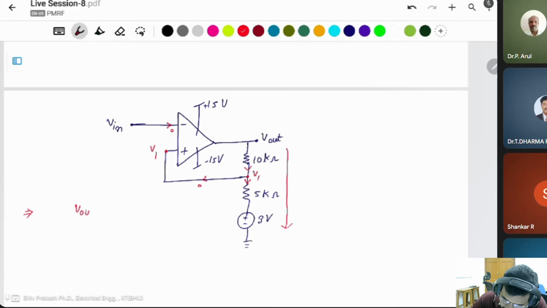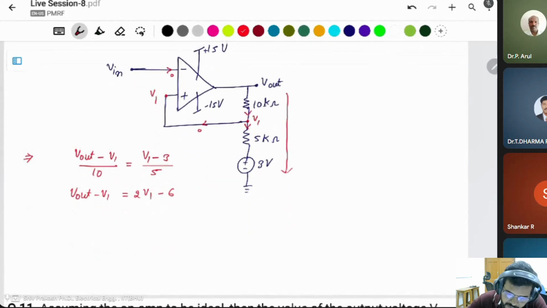Vout minus V1, the voltage drop, divided by the resistance 10K is equal to V1 minus 3 volt divided by 5K. So Vout minus V1 is equal to 2V1 minus 6. Then V1 is equal to Vout plus 6 divided by 3.